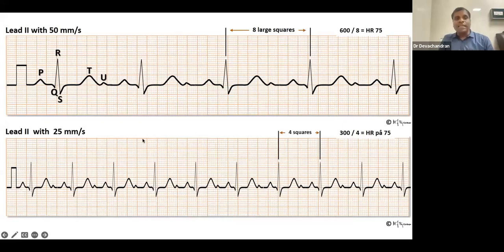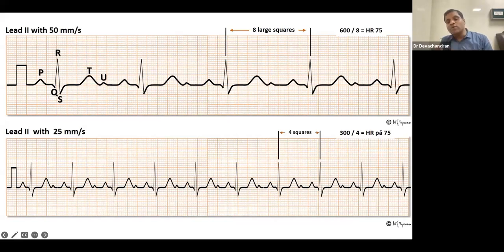So if you look at the difference between the two ECGs, here the interval between the two R waves is very wide. So you see 1, 2, 3, 4, 5, 6, 7, 8 big boxes between the two R waves. Here you only see 1, 2, 3, 4 big squares between the two R waves.